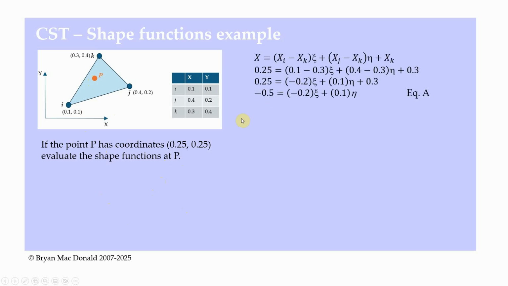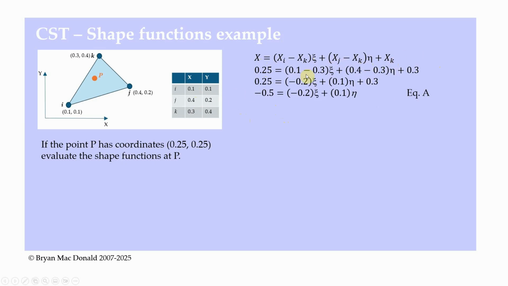So the first thing we're going to do is use one of those equations we just had above. We're going to use the equation that says, well, x is equal to xi minus xk eta plus xj minus xk neta plus xk. So it's one of those isoparametric equations. And we're going to put everything we know into that. So xi is going to be 0.1, xk is going to be 0.3, xj is going to be 0.4, and xk again is 0.3, and xk is 0.3.